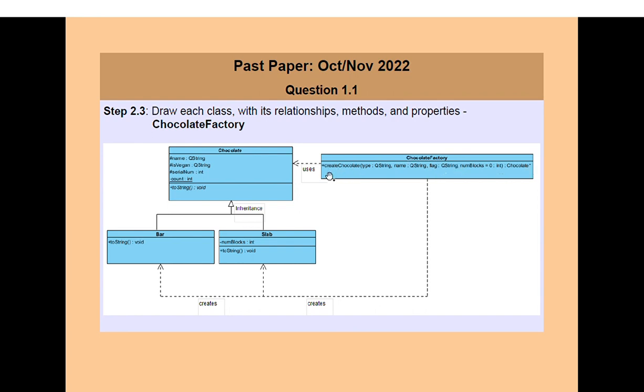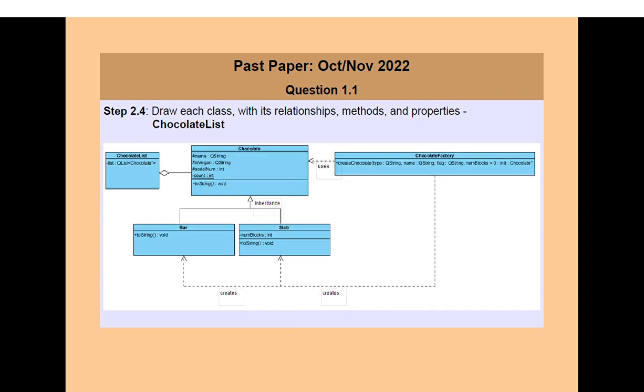So chocolate factory uses chocolate because it needs to instantiate chocolate objects. So it uses a pointer to chocolate objects. This is what it returns. So it uses the chocolate class, and then it also creates the derived classes of bar and slab. So that's the chocolate factory with the relationships. It uses chocolates and it creates bar and slab objects. So far, so good.